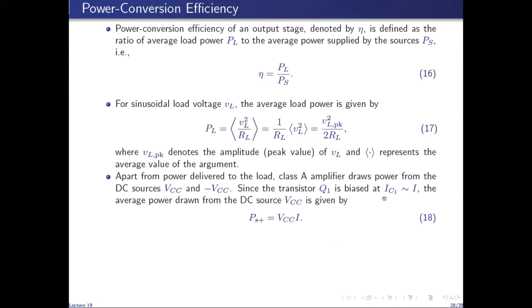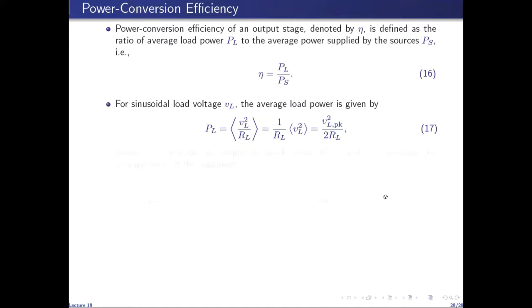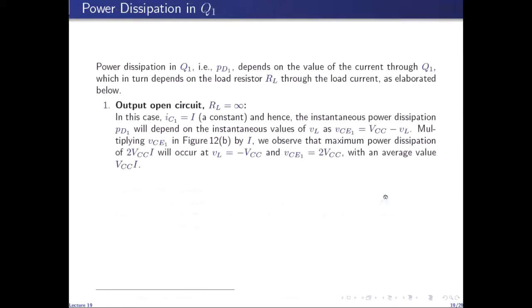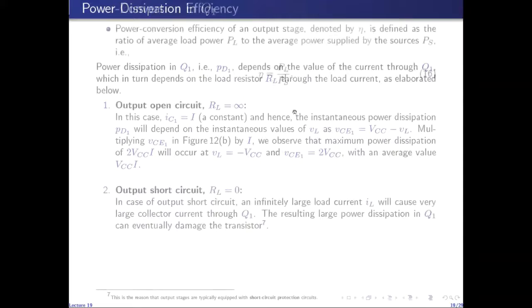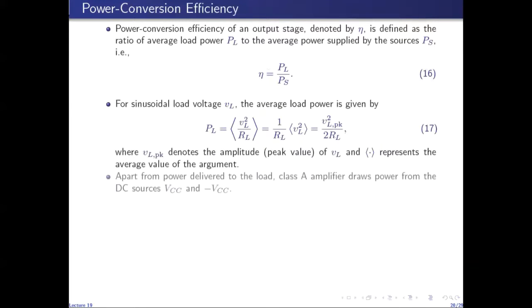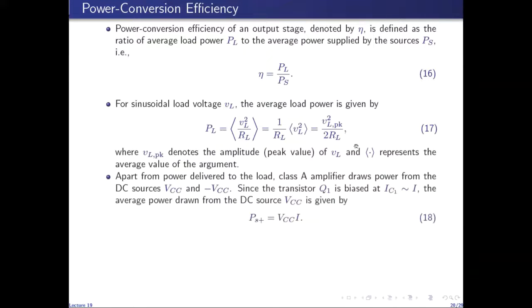So transistor Q1 is biased at approximately this current I. If we go back and look at the curves, the collector current has an average current of I units. So the average collector current through Q1 is I, capital I.